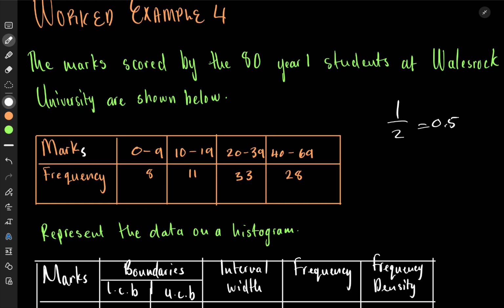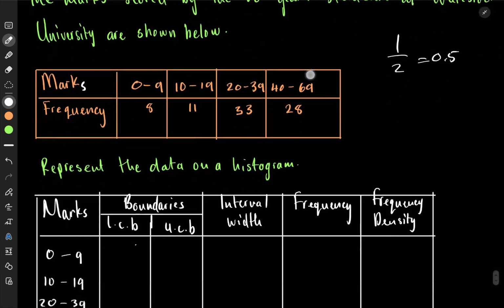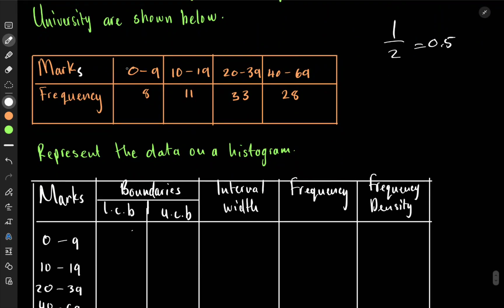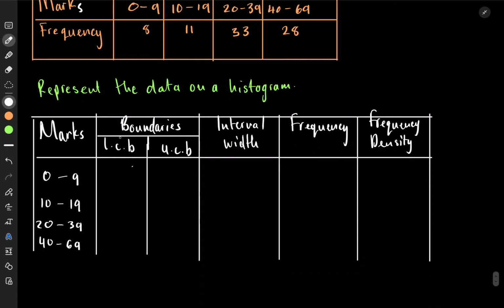But the other important thing I want you to remember is that when we did continuous data and were starting with 0, we did not subtract 0.5 to get negative 0.5. We did not say the first one was on the lower bounds. You can go and check. The lower class boundaries, we said when it starts at 0, we just put 0.